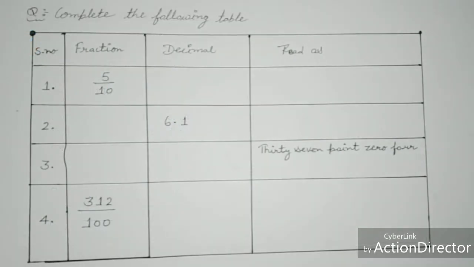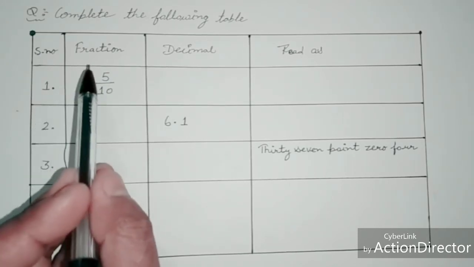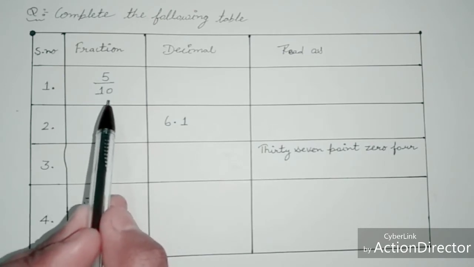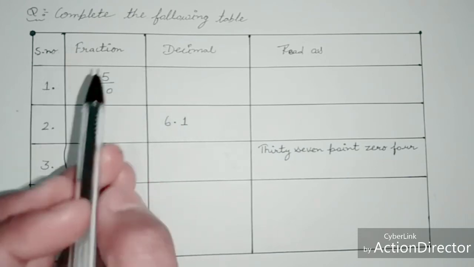Students, here I solve some examples related to decimals. So first example, this is the fraction form of the number, 5 upon 10, and we write this number in decimal form.